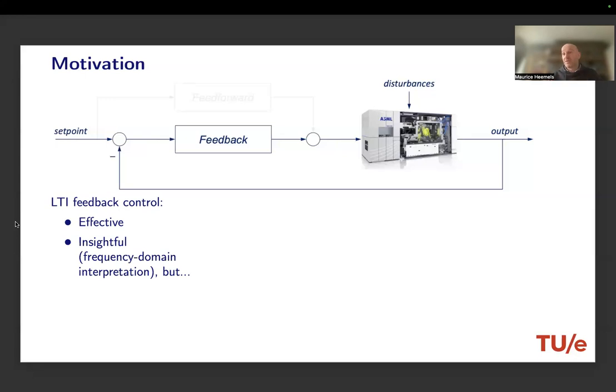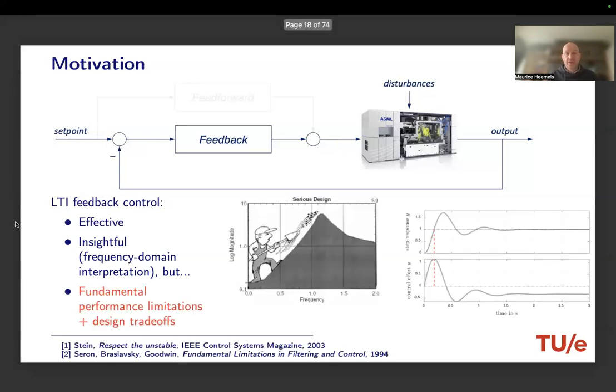It's even very easy to get, let's say, models of the plants by simple identification experiments. So you easily get an FRF, so let's say a Bode response of your plant, so non-parametric models, plus controllers that are also loop-shaped. It's a very convenient, very powerful and insightful design framework that is used a lot.